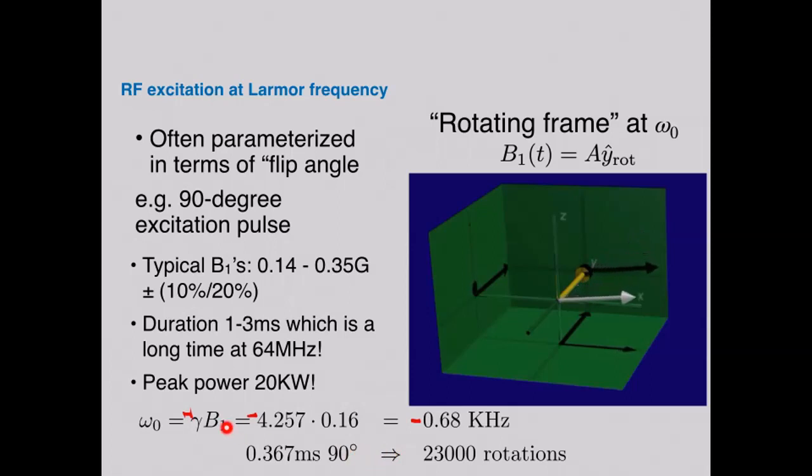In order to get a 90-degree pulse, I need to apply it for 367 microseconds, pretty much. That would correspond to a quarter of a rotation, which would result in a 90-degree flip angle.